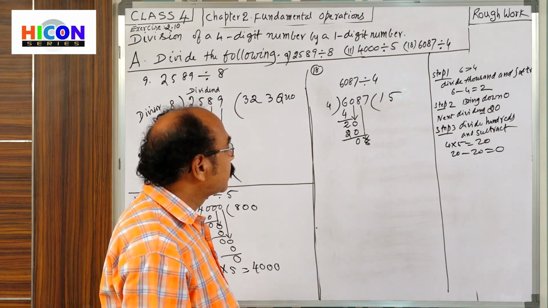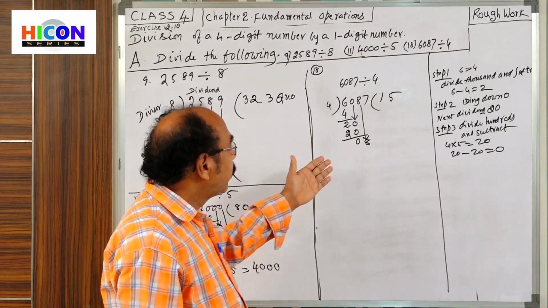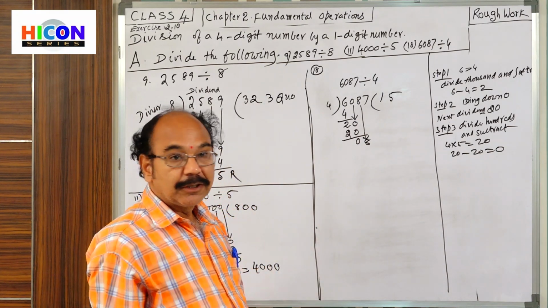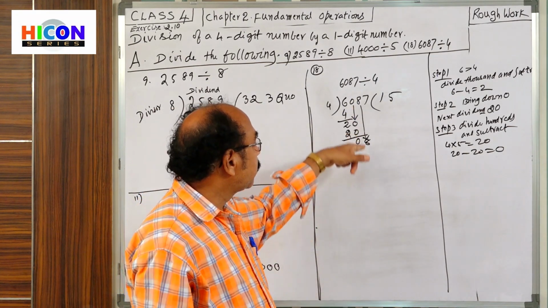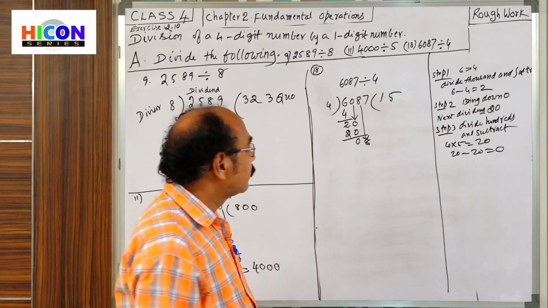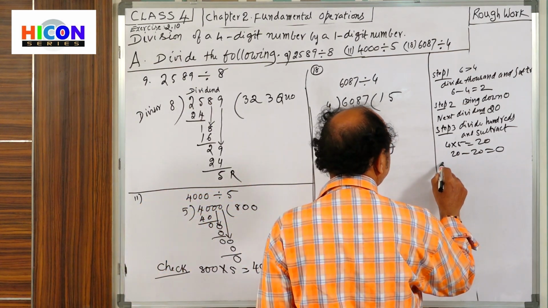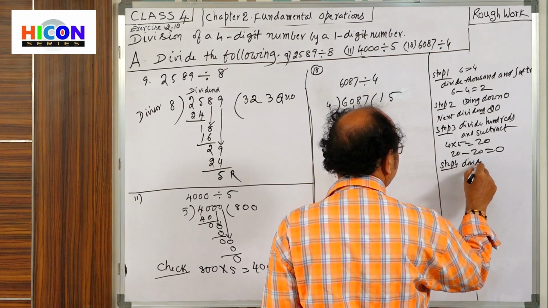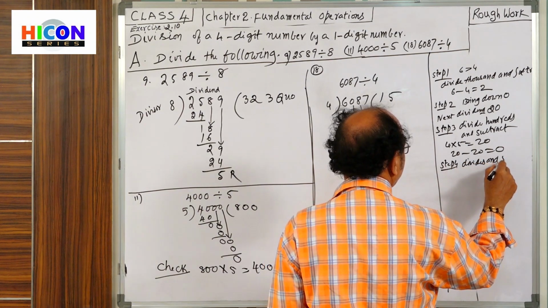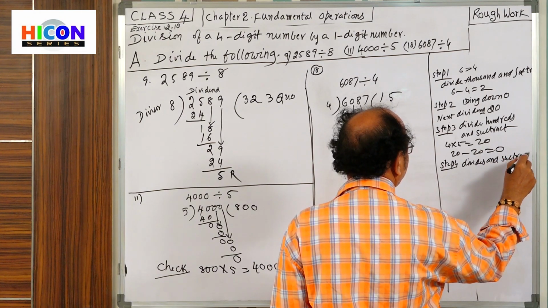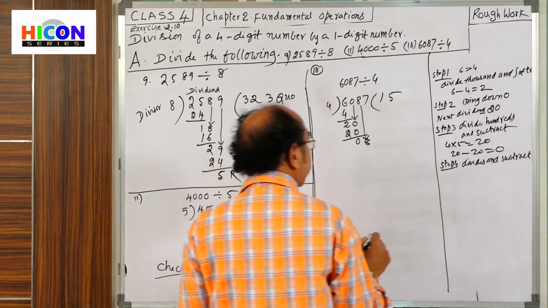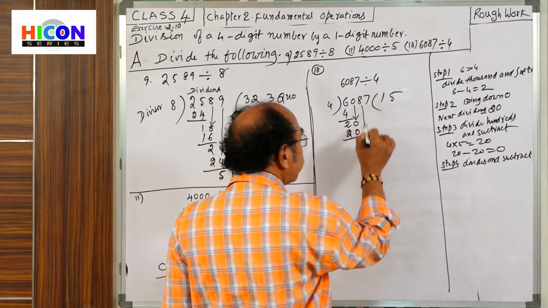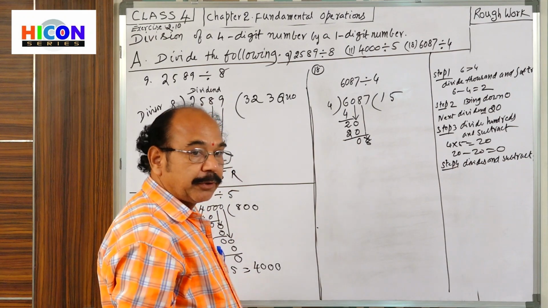How many times? That means we divide tens and subtract. Tens digit is 8. So here 8 is brought down.